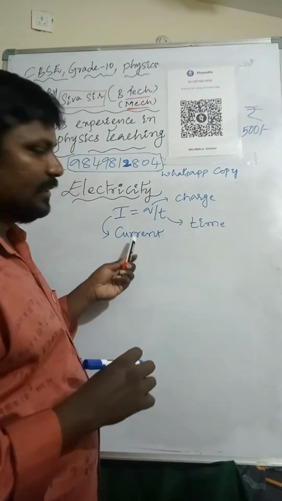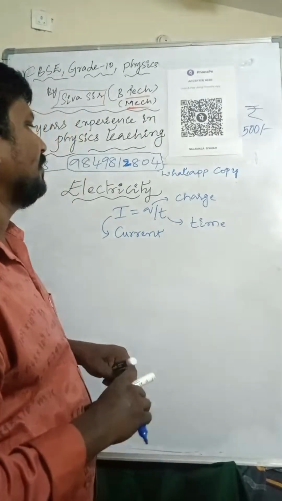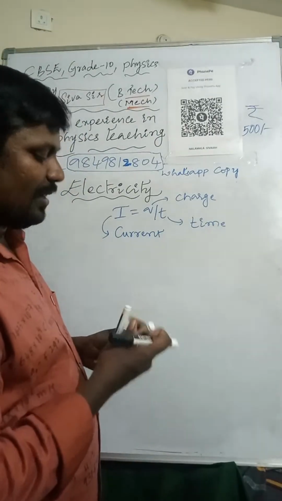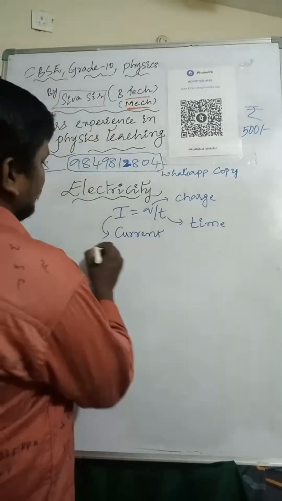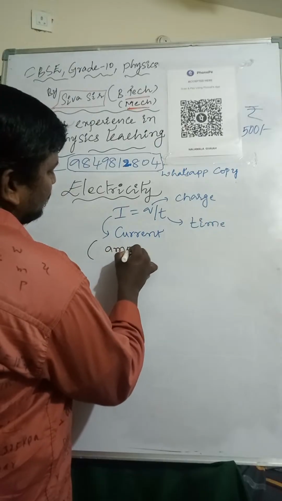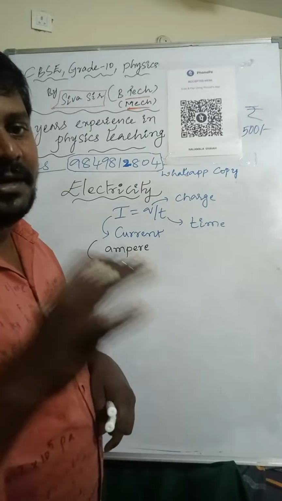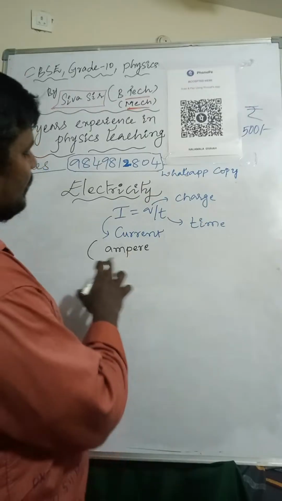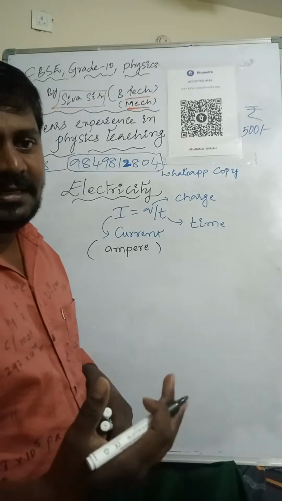The SI unit of current is ampere. We should not write it with a capital letter; we have to start with a small letter, since the unit is named in honor of the scientist.